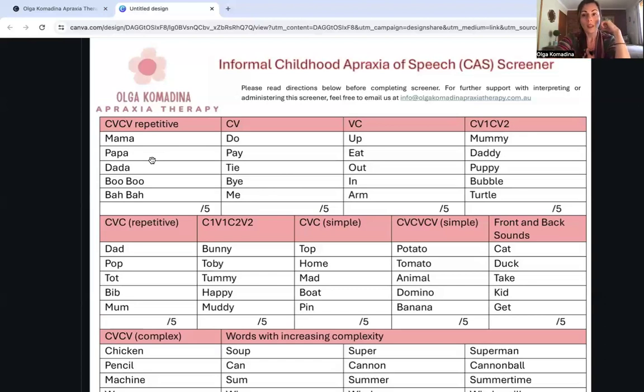So yes, we're going to focus on these sort of words, which are the basis, the foundation, and we're not going to move on until we've got them. I do accept imprecise vowels at first, so maybe he can't do boo, boo perfectly. I would still accept something like that at first, and then we keep building, we keep shaping.